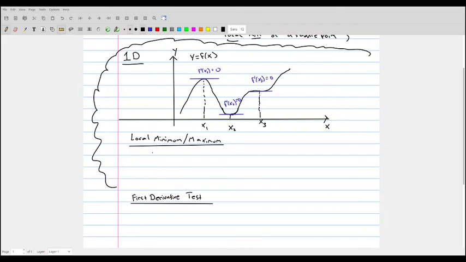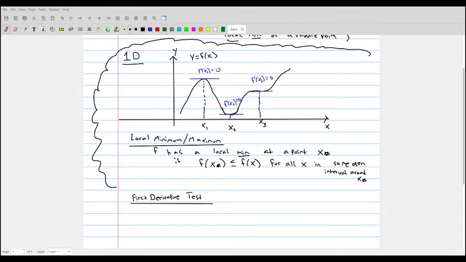We say that a function f has a local min, or local minimum, at a point x star if the value of the function at x star is less than or equal to f of x for all x in some open interval around the point x star.